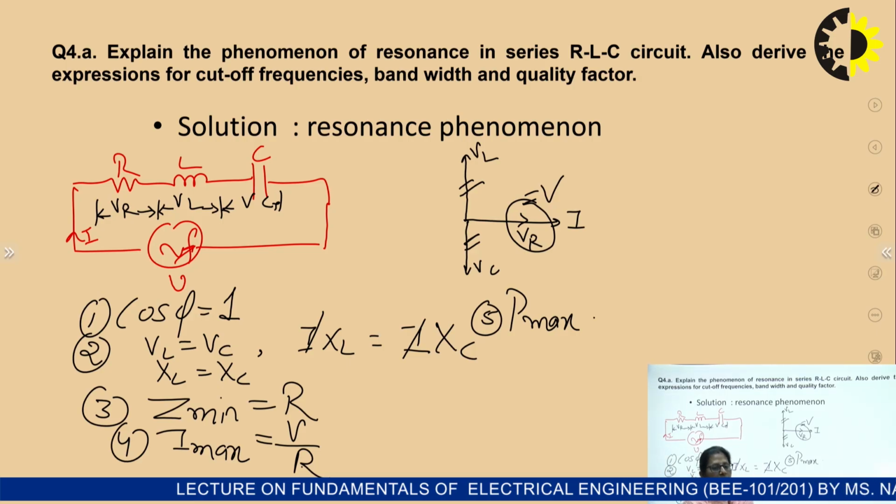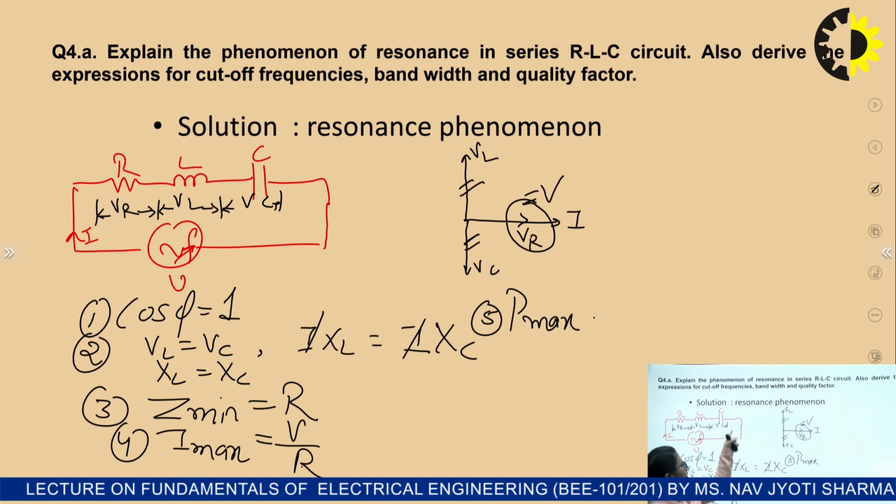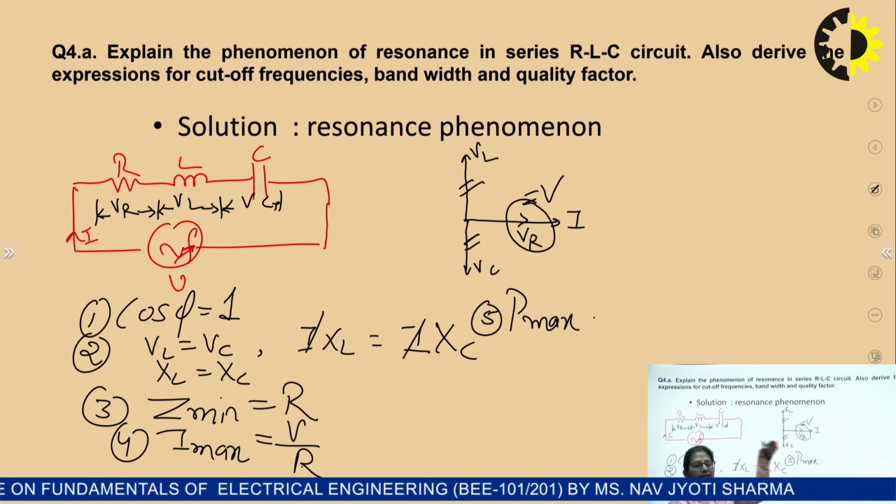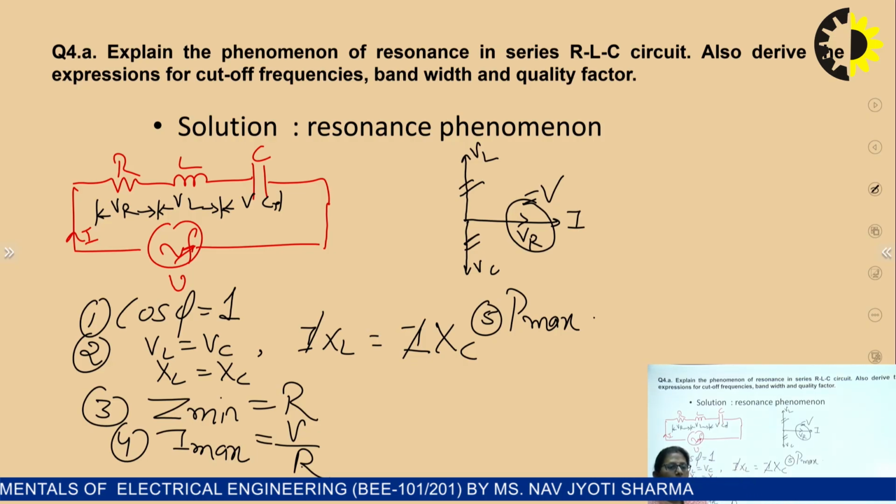Now, all these phenomena are occurring with respect to frequency. What are we changing actually? When XL becomes equal to XC, this happens at a certain frequency, because XL and XC are frequency dependent devices. Resistance is not frequency dependent. It is going to remain the same, right?